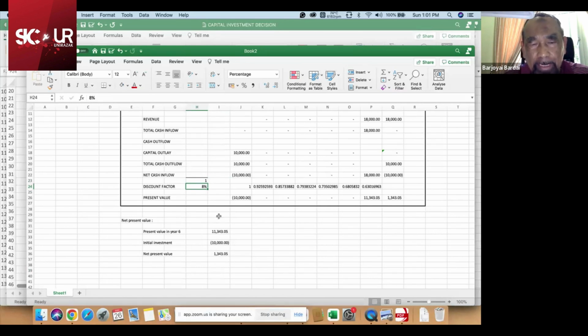So most likely this will be lower than 8%. Yeah? So we can vary to say 7.5. It is still positive. Oh yeah, it's positive. So it should be higher than 8%. Let's put at 9%.